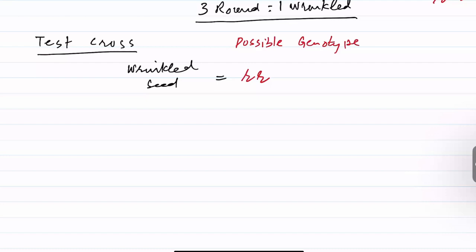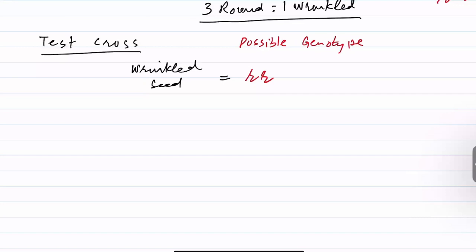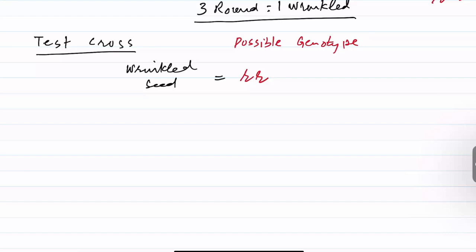So wrinkles have 100% r small genotype, and we are 100% confident that the wrinkle has r small genotype. However, a round has two possibilities.